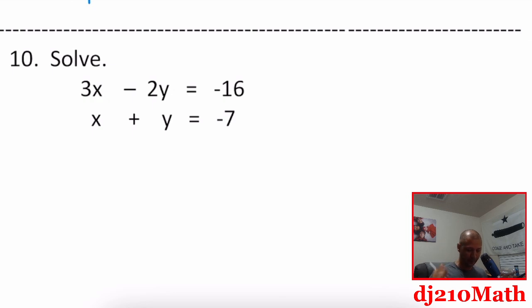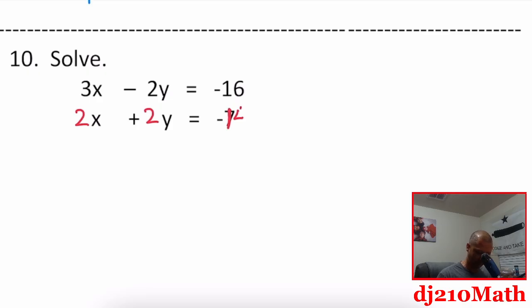Okay. Number 10. Here, elimination method, right? In my mind, I'm seeing this as a 2, and we can eliminate some stuff. So if I multiply everything by 2, it's going to be 14.